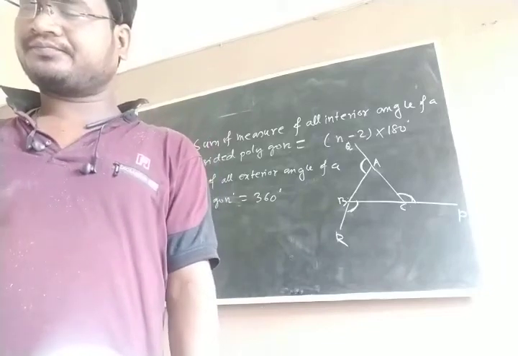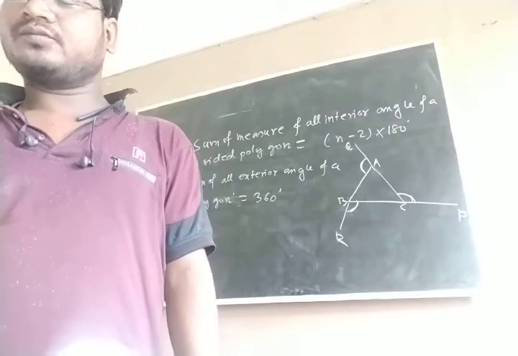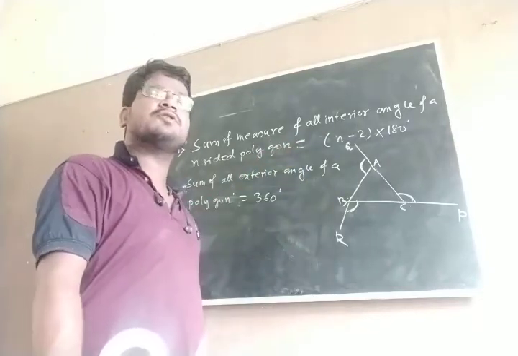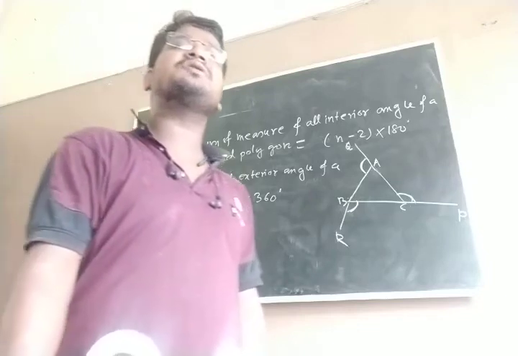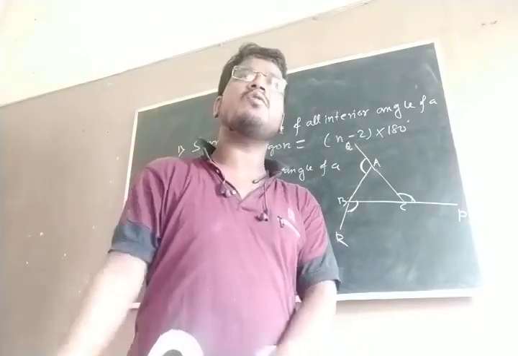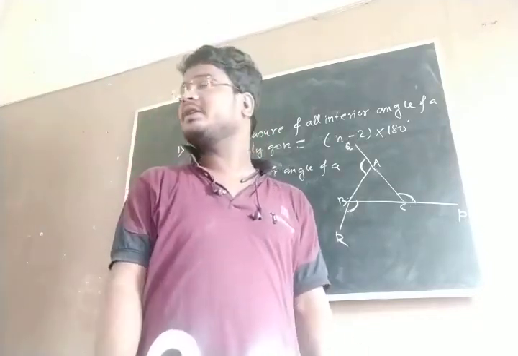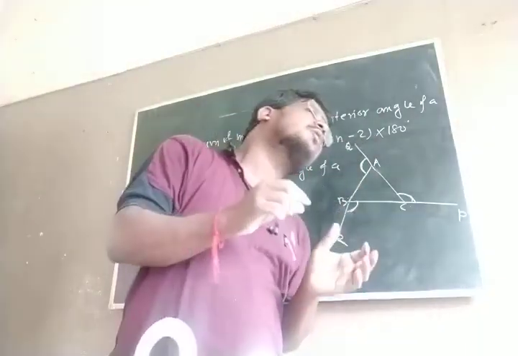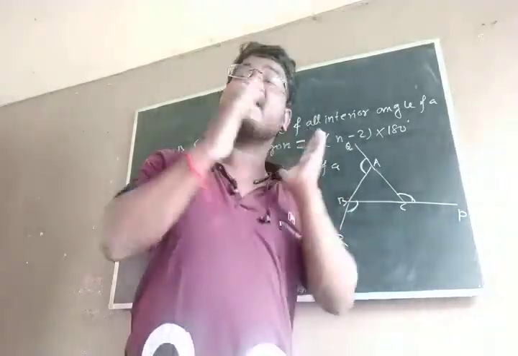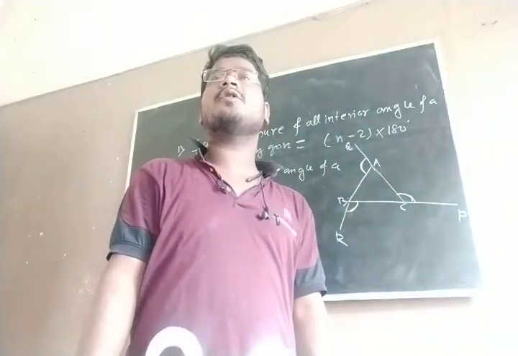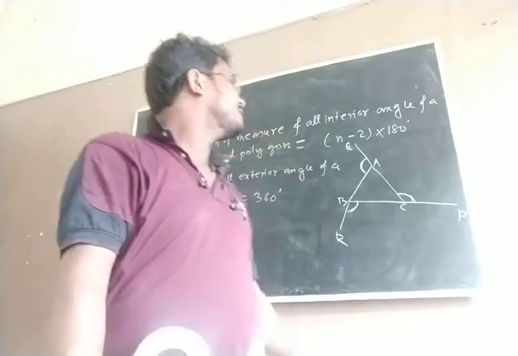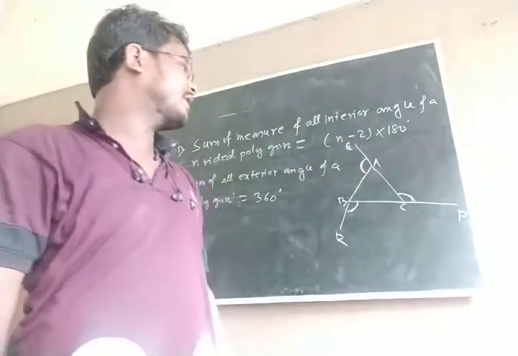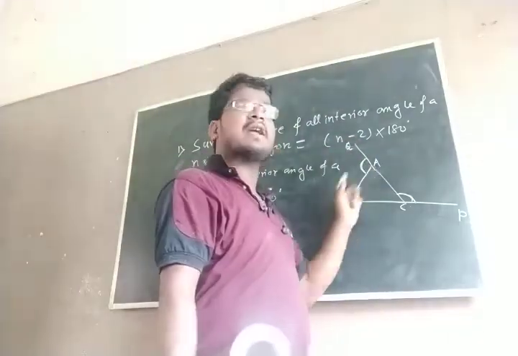Now, this is the sum of the interior angles. If a polygon is regular, then each interior angle will be equal, because I told you in the definition of a regular polygon that all sides and angles are equal. So a regular polygon means each interior angle is equal. This is the total angle. Then you have to find each interior angle. Suppose this is a triangle.